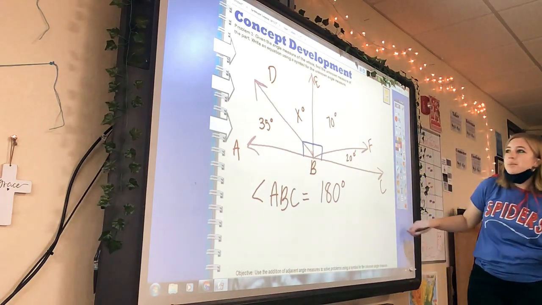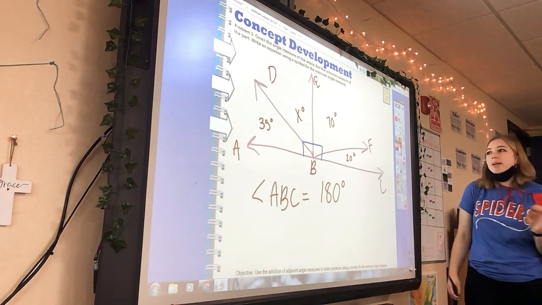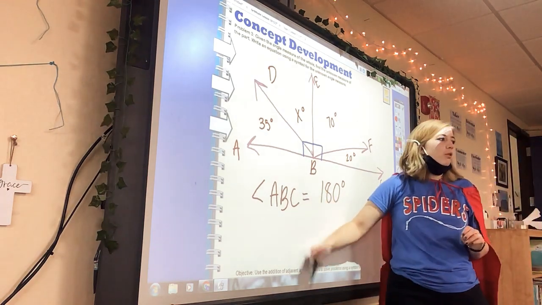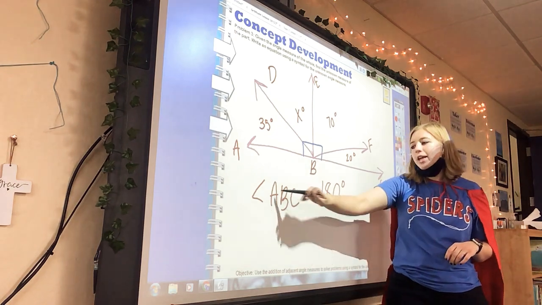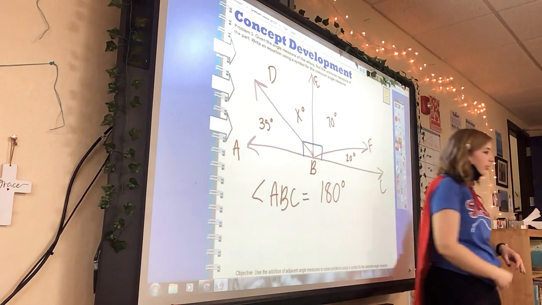Okay. Now you're only finding one. Super easy, but you can do it. But I still want you to write down what you know. I know this equals this, this equals this, equals this. And then find the missing angle. Okay. Sorry. Go ahead.